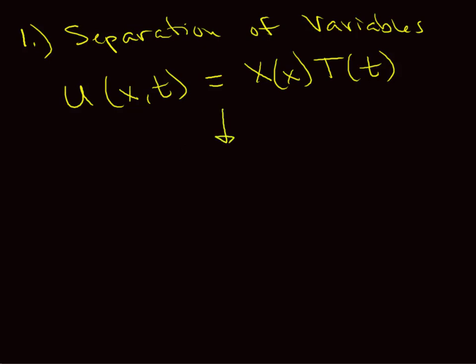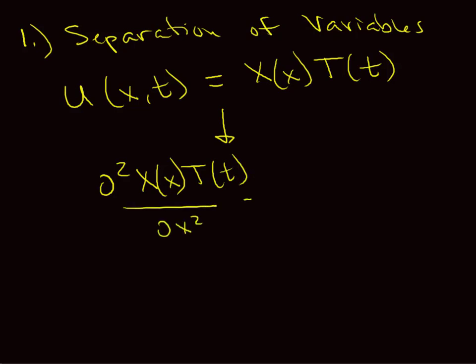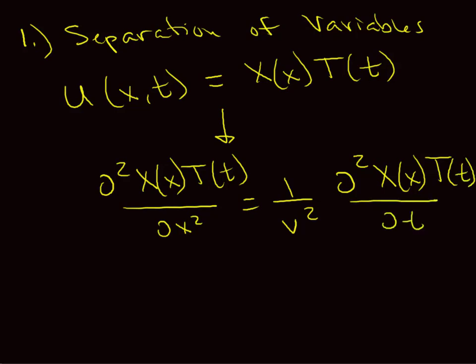And we're going to substitute this into our wave equation to yield the partial differential with respect to x of X(x) and T(t) with respect to space equals 1 over velocity squared, our second partial with respect to t of X(x) and T(t) with respect to time once again. And let's recall that that 1 over v squared is the velocity of our wave.